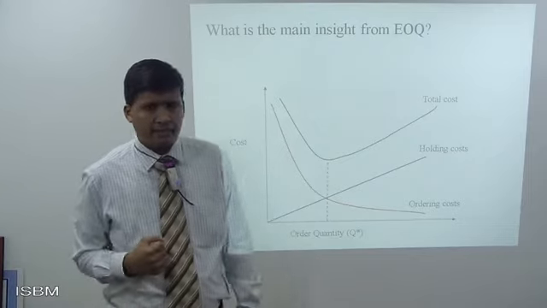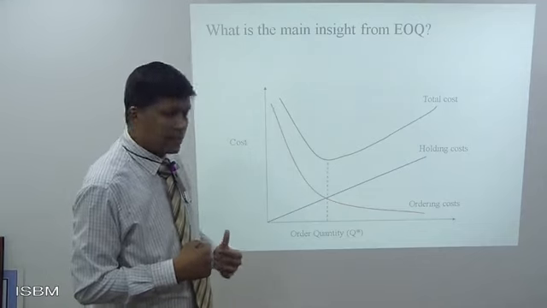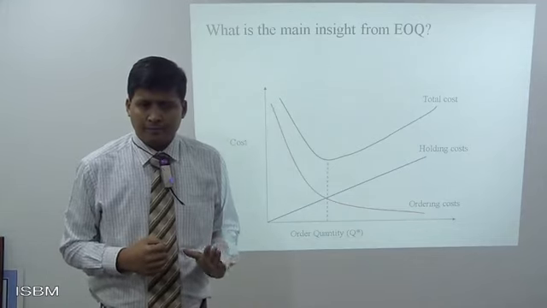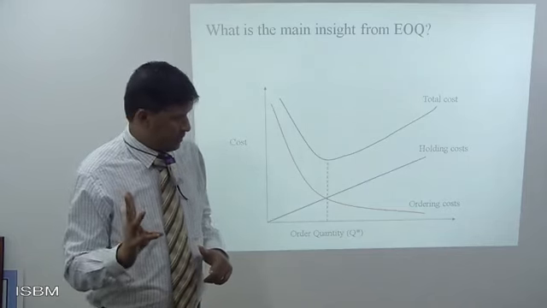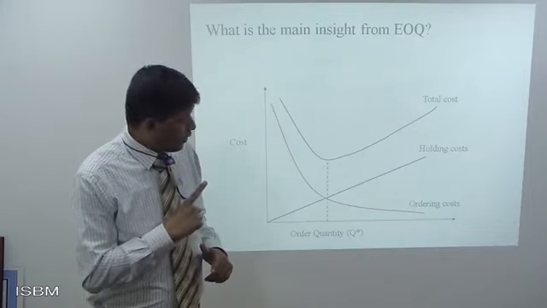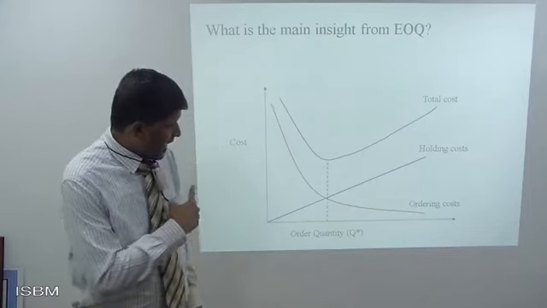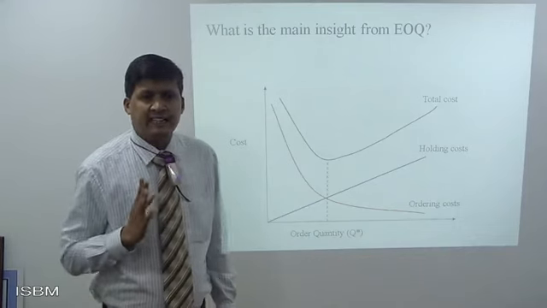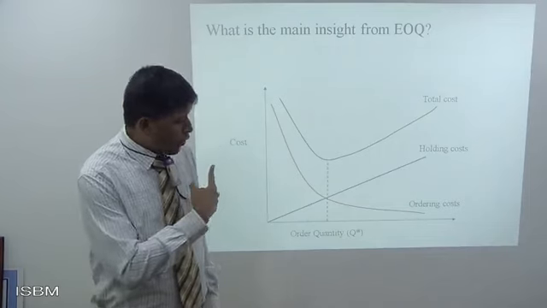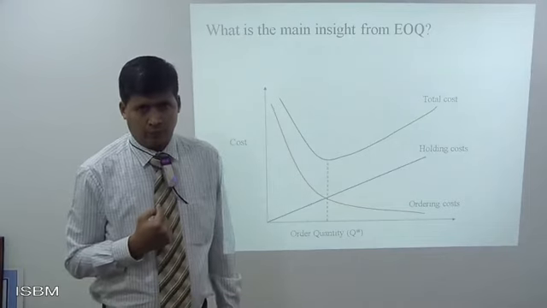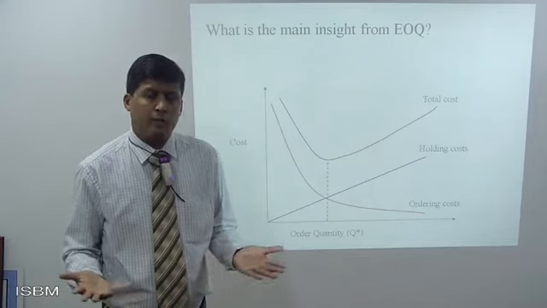Again, what is the x-axis? X-axis is quantity, y-axis is cost, and we are looking at three variables. Let's look at ordering cost. Now we know that as the quantity increases, your ordering cost comes down, because of a repetition cycle, optimization, economies of scale.